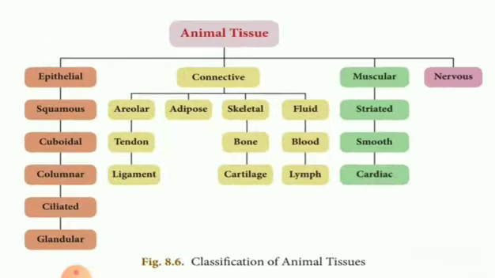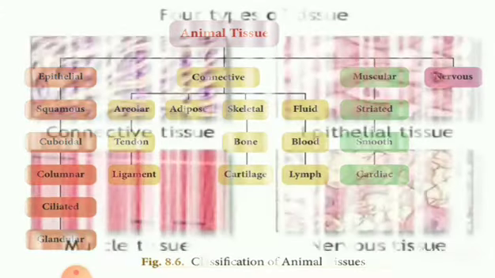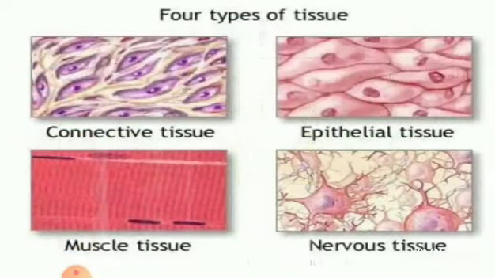Depending on the basis of their structure and function, tissues can be classified into four types: epithelial, connective, muscular and nervous. These are the types of tissues. What are they? Connective tissues.